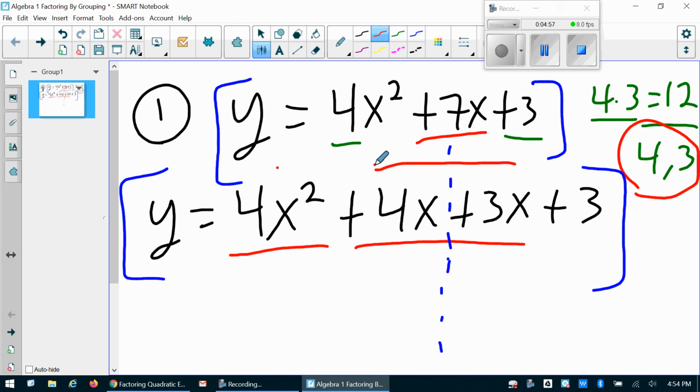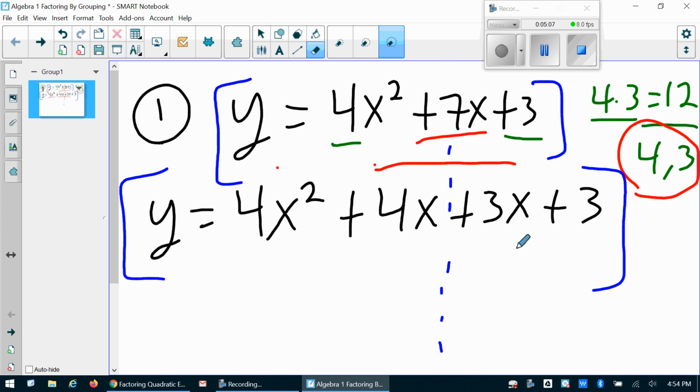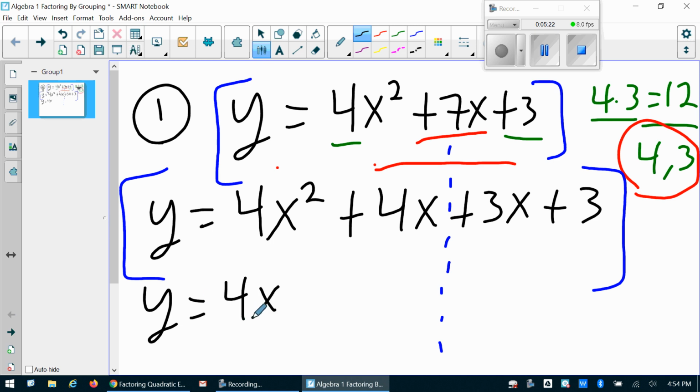Both of these terms have at least a 4x in them.